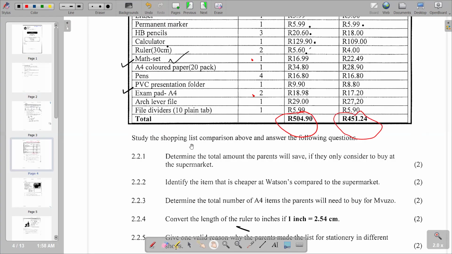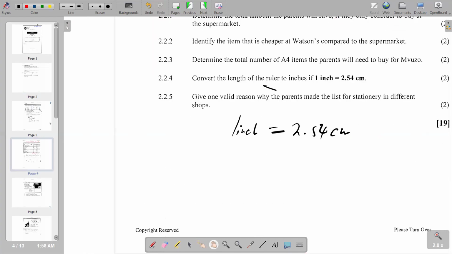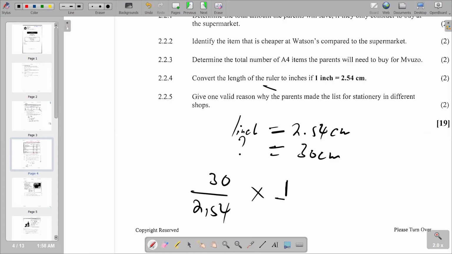Here we are given 30 centimeters. So we are saying the 30 centimeters is equal to our measure. What we don't have is the numerator 30, and what we have is the denominator 2.54. Then we multiply by the given, because it is 1 inch, so multiply by 1 over 1. Then we see that we calculate like that.